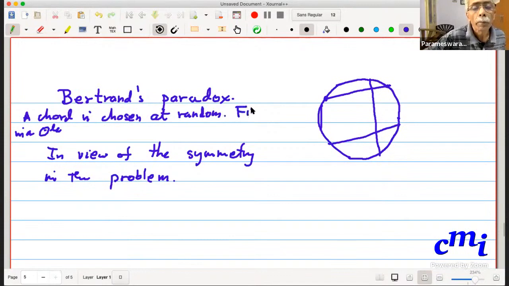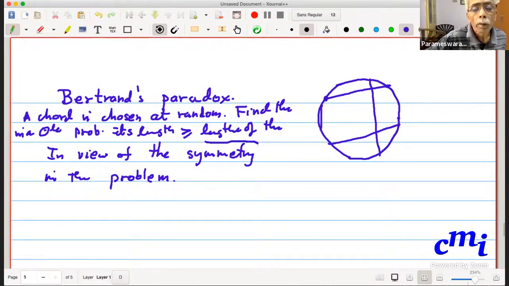Find the probability its length is bigger than or equal to the length of the side of the inscribed equilateral triangle.